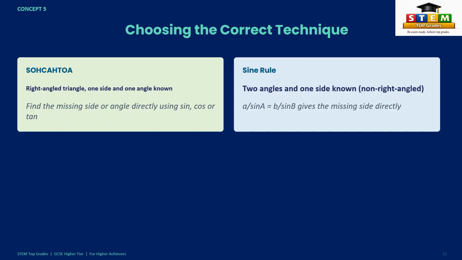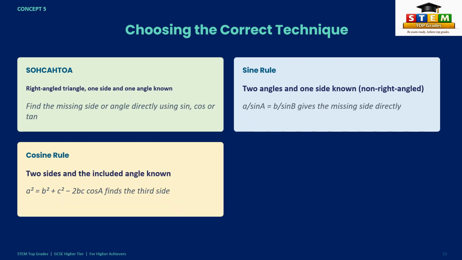The next thing we've learned is the sine rule, where you are given two angles and one side, and remember this is no longer a right angle triangle. You have the formula to work out the missing side. You can also use that to find the missing angle, just flip it over.